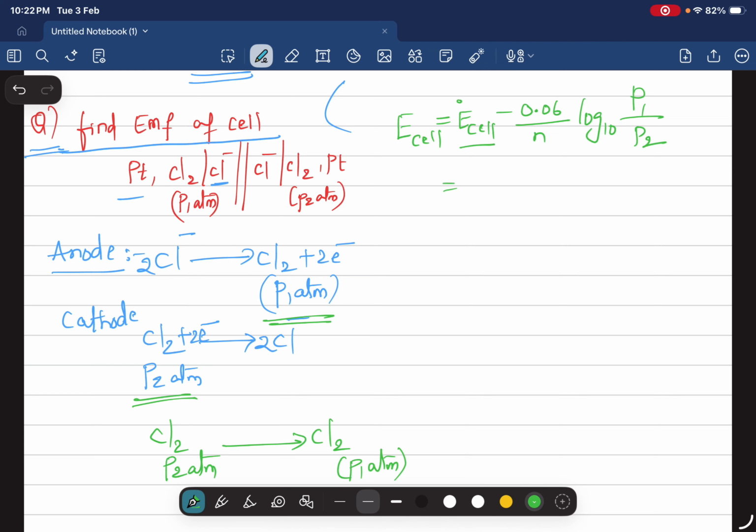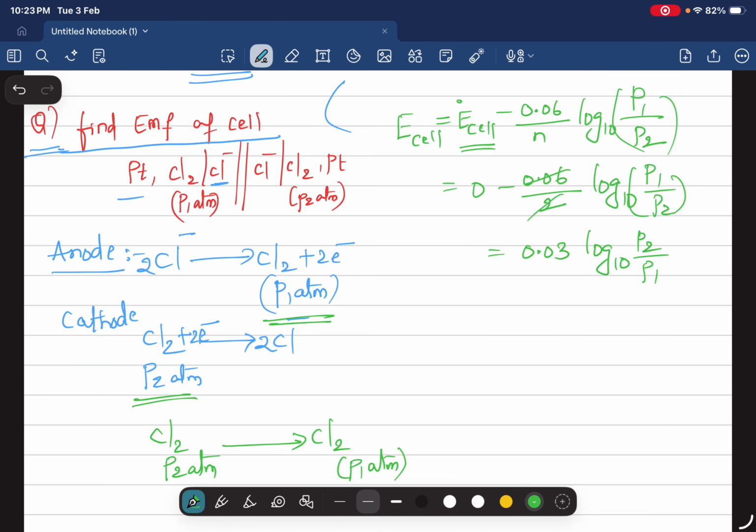So this value will be 0 minus 0.06 by n, and n value is 2, log base 10 P1 by P2. This can be written as plus 0.03 log base 10 P2 by P1.